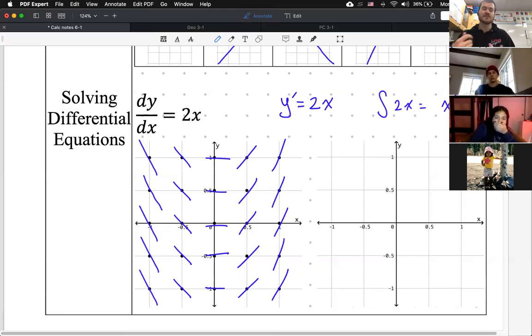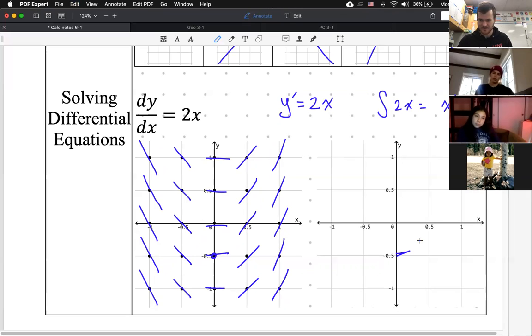But if you have some sort of initial condition, if I said, I actually happen to know C is negative 0.5. Well, if I know that there's a point here at 0.5, I follow this path that's drawn out for me and say, oh, well then this is the graph that I'm actually talking about. This slope field accounts for every possible C. So let me draw one of the solutions.